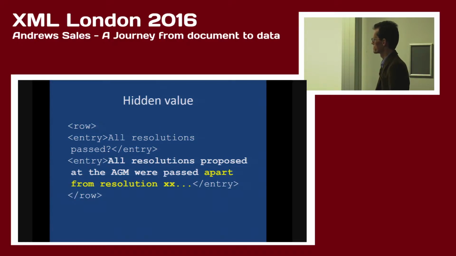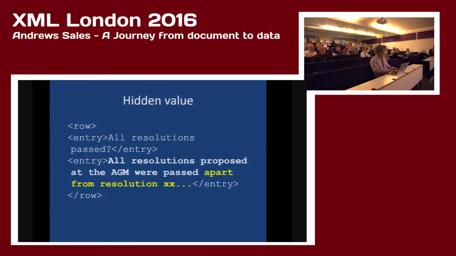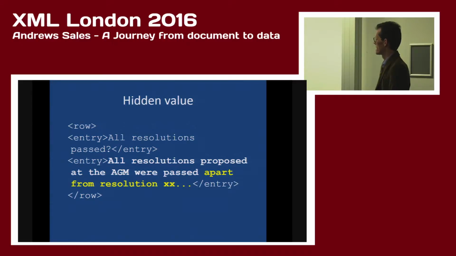But for historical reasons of producing quite long-winded prose versions of the answer to that question, you get in the data something like 50 plus variants on this text, and the part I've highlighted in yellow there makes it difficult for you to process that programmatically and get a sensible value out, because there could be apart froms and excepts and all sorts of things.